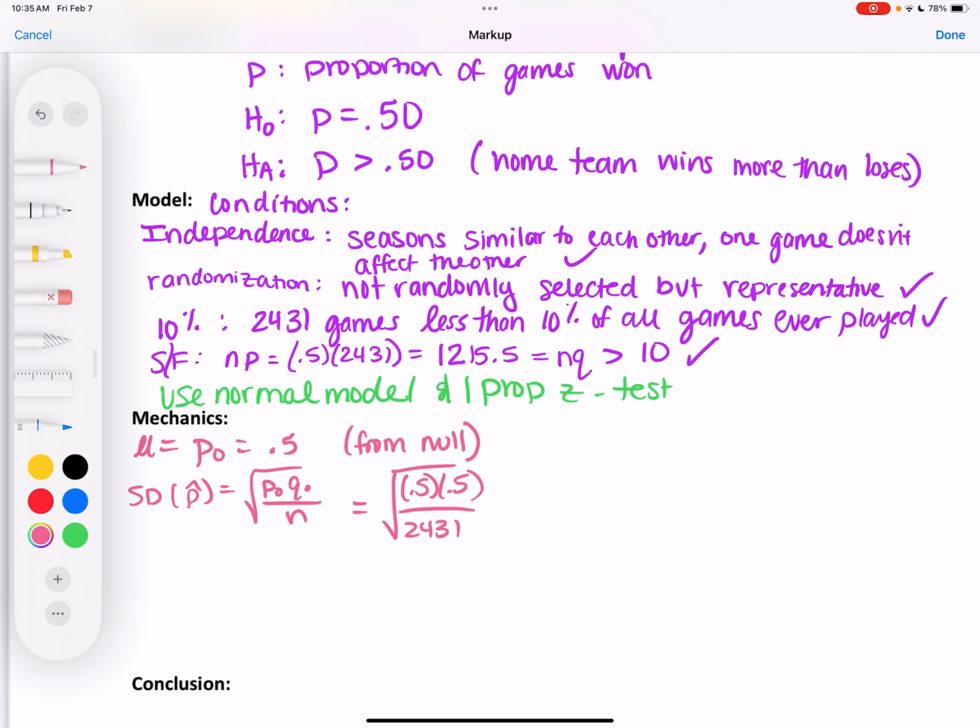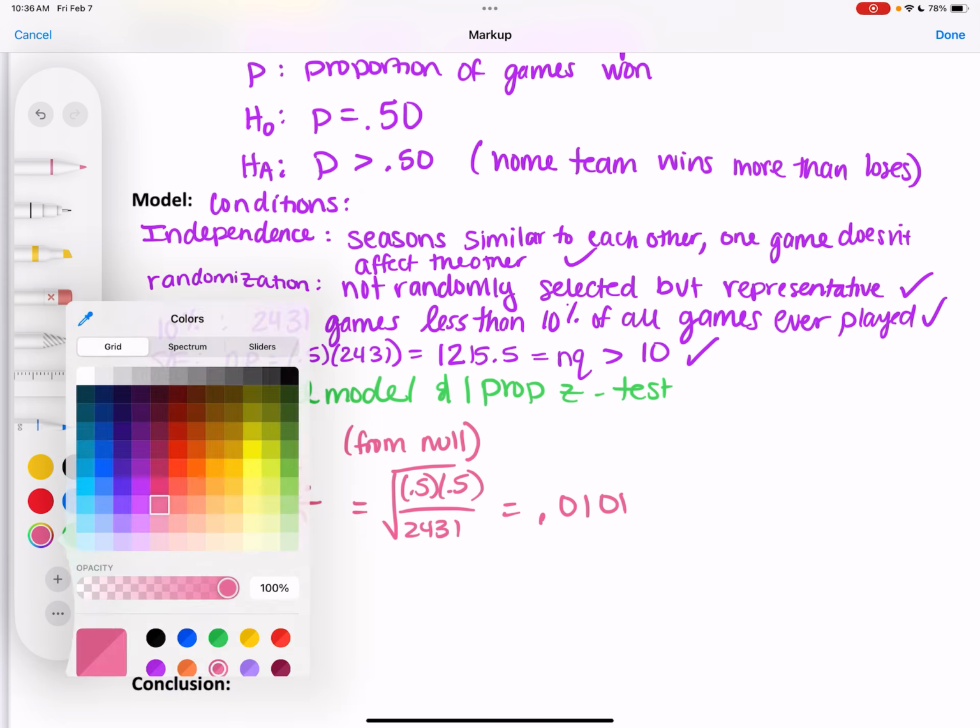Not that button. And I get 0.0101. Now, I'm going to run the one prop Z test on this, which I may not technically need the standard deviation in this particular problem, but sometimes we need it.